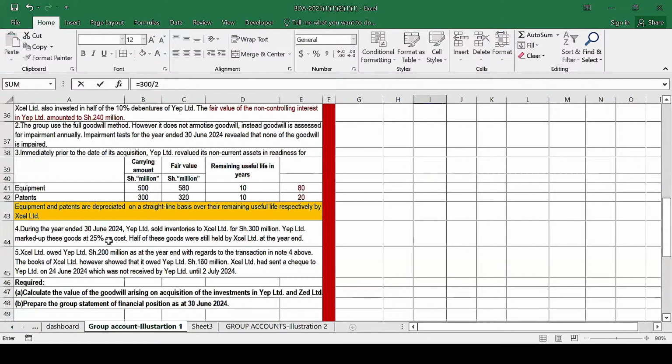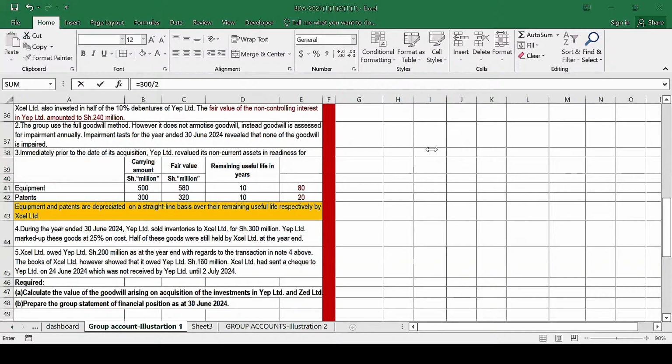25% is a quarter. So if our markup is a quarter, what is our margin? What will be our margin here? I hope you can recall how we were using markup to get margin.